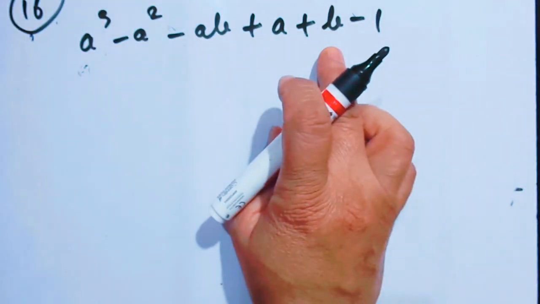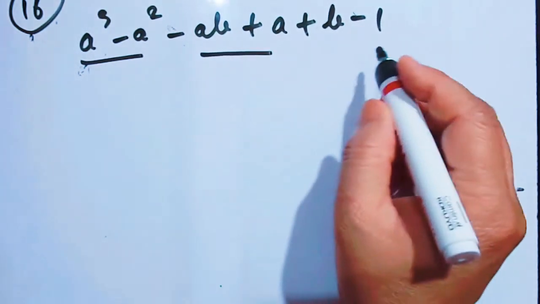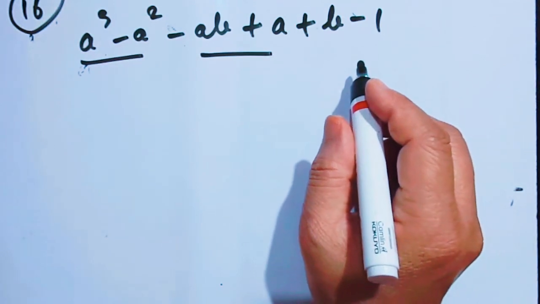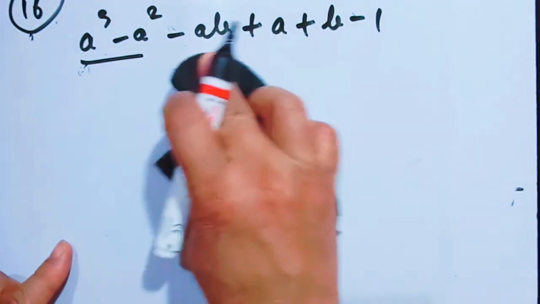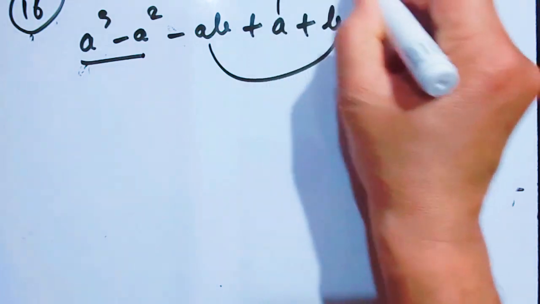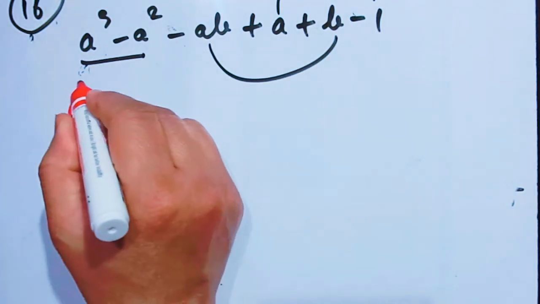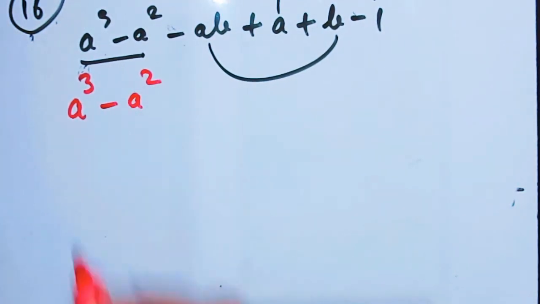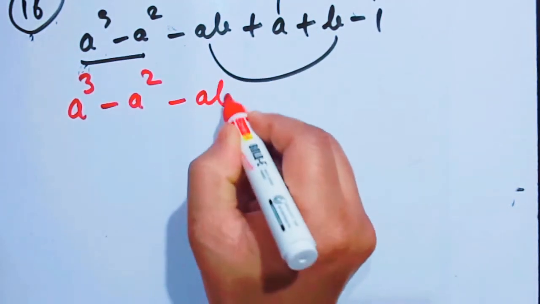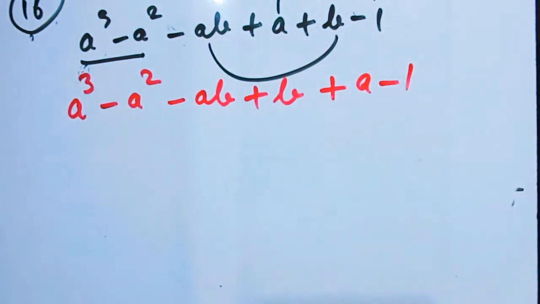If I group these two, and if I group these two, I'll get a common. The same sum can now be arranged as A cube minus A square, minus AB plus B, and then plus A minus 1.